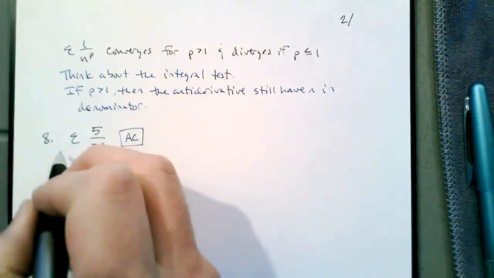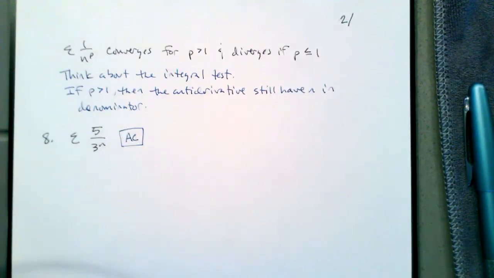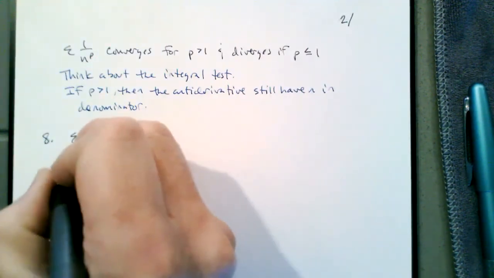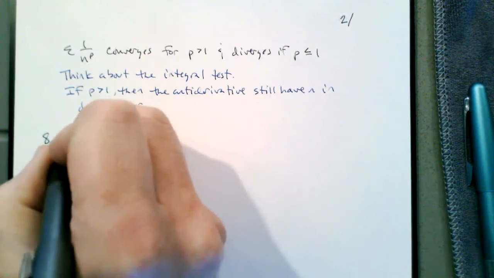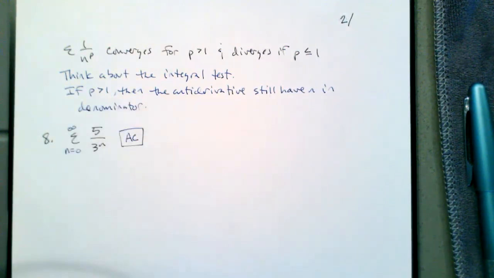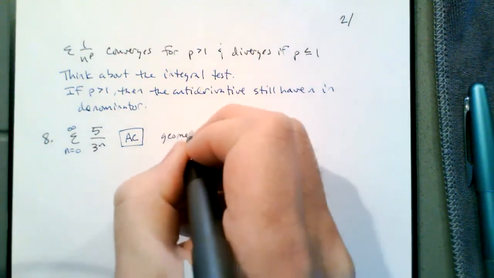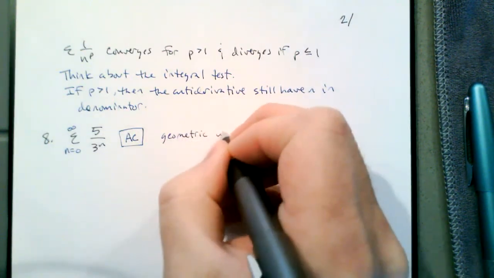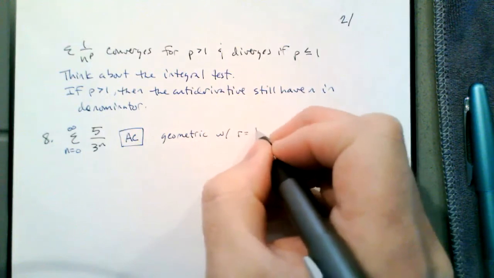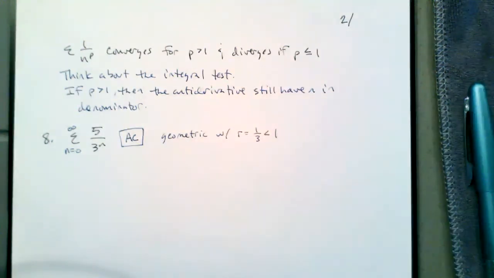I suppose I should tell you where I'm summing. So this is geometric with a common ratio of 1/3, which is less than 1. Notice that the 5 is not being raised to the n, just the 3 is being raised to the n.